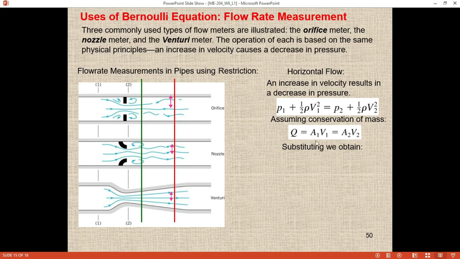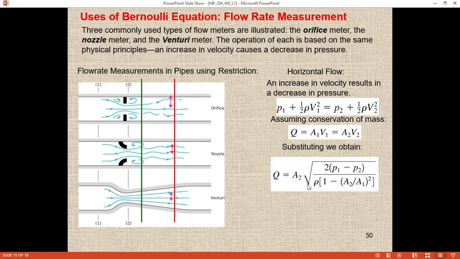If you insert the value of V1 and V2 in terms of Q, the equation becomes like this. So if you know the pressure difference across the two areas, you can easily find the flow rate.